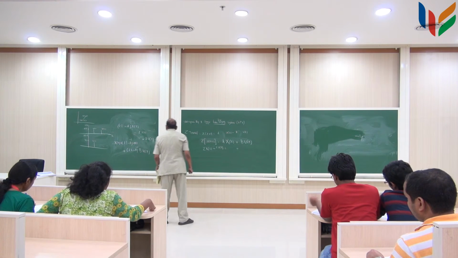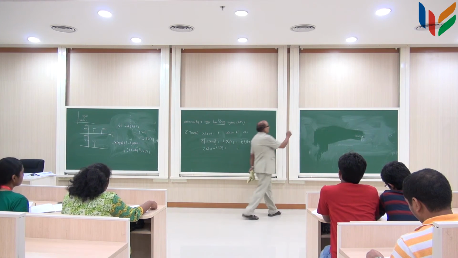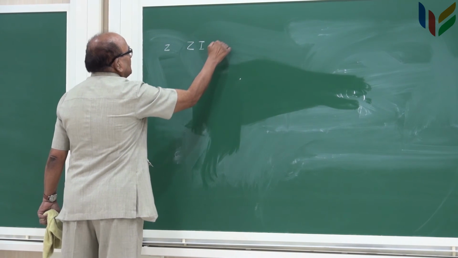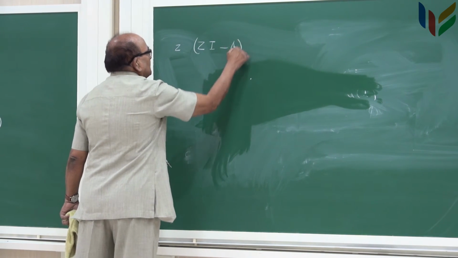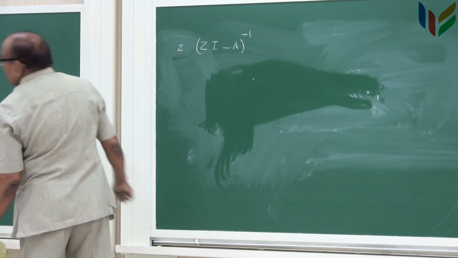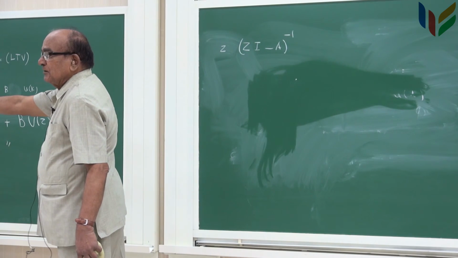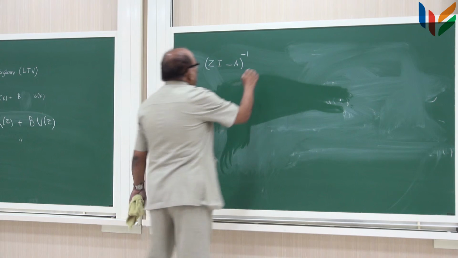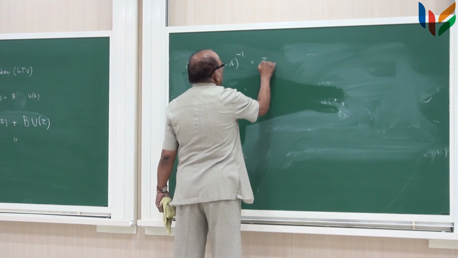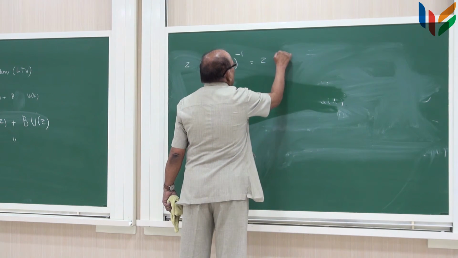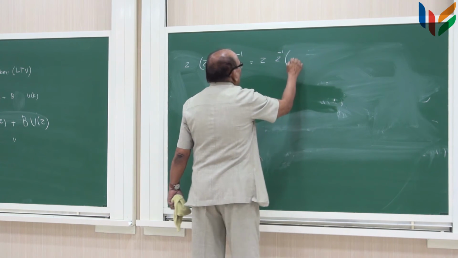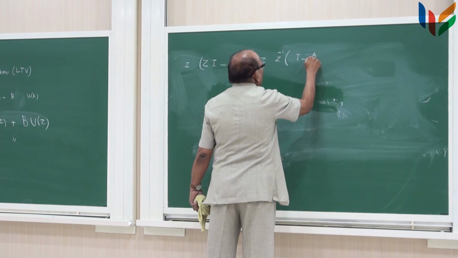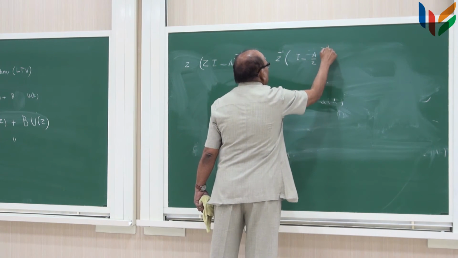Let me take up that and see how I manage that. Right? That is the operator on the x0, the matrix operator. So this is equal to z into (zI minus A) inverse, which is z into z minus 1 into (I minus A by z) inverse.